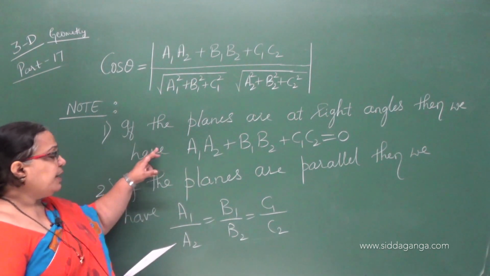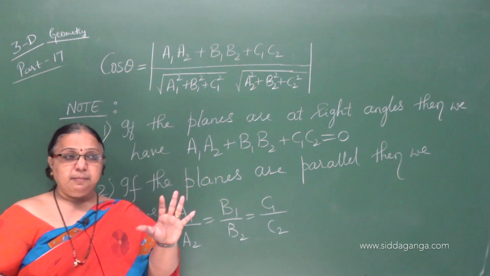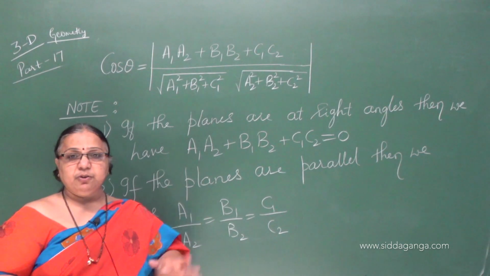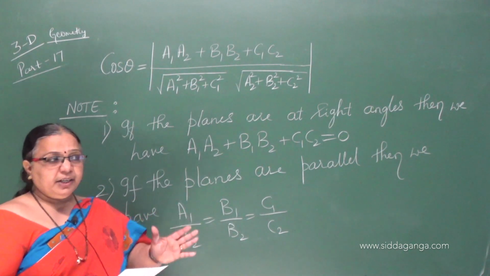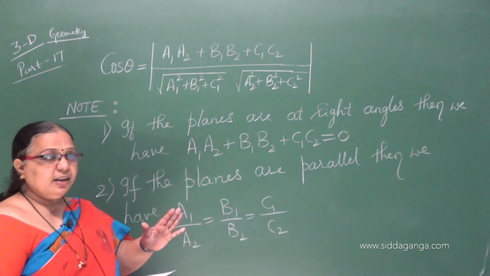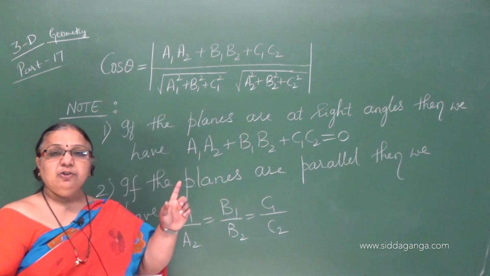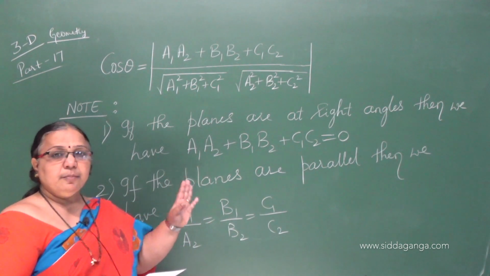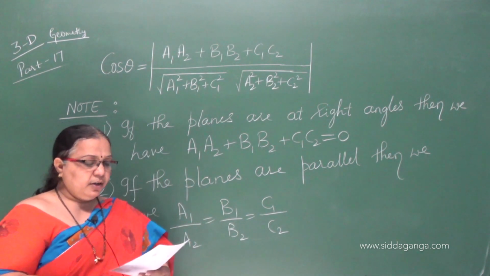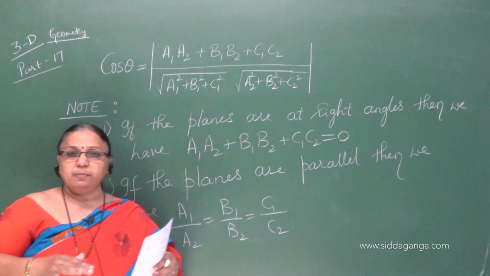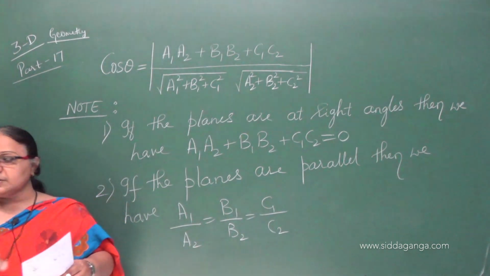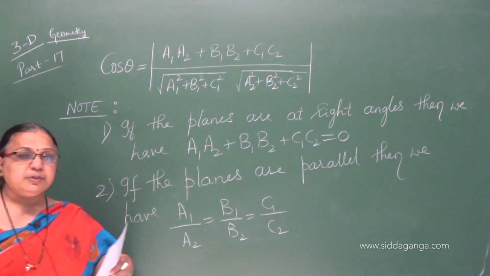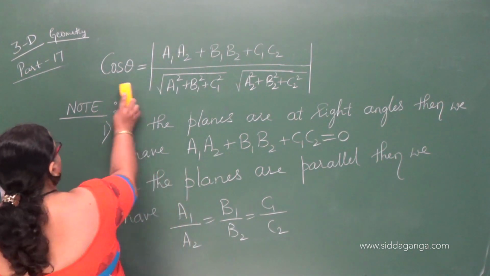In these two cases, wherever the angle between lines, vectors and planes comes up, a particular case exists: one is 90 degrees, the other is 0 degrees. So we write the conditions for those two. So we have to solve the problems based on this unit. So let us solve the problems that come on this unit.